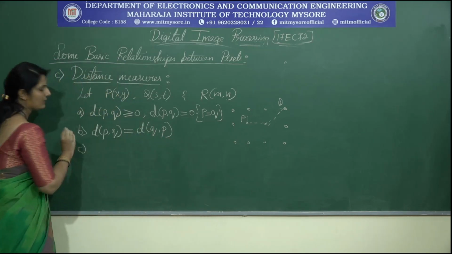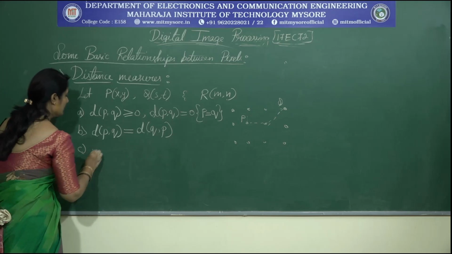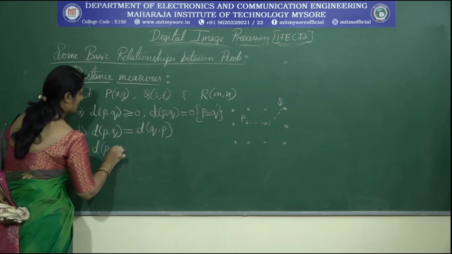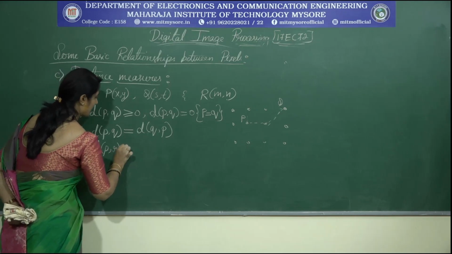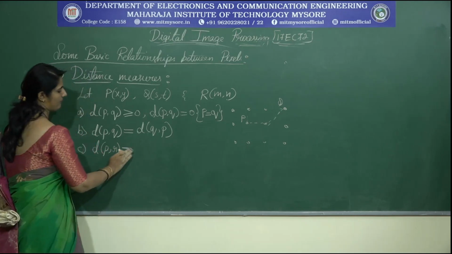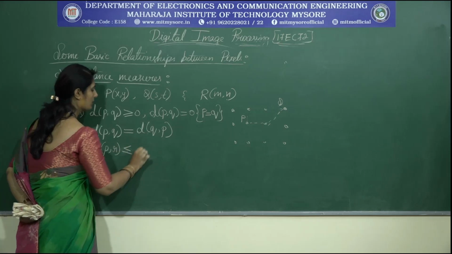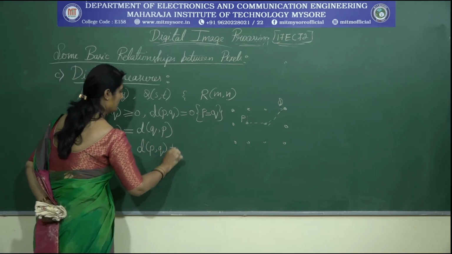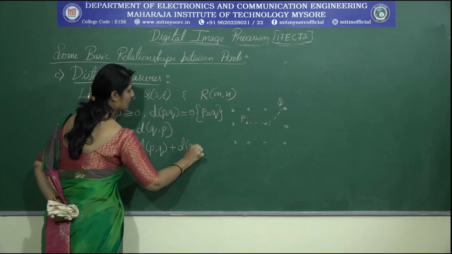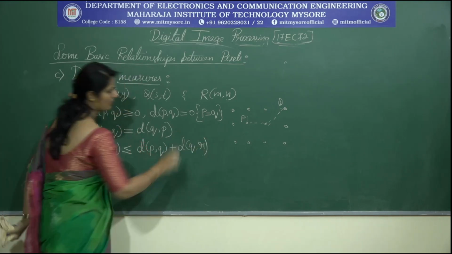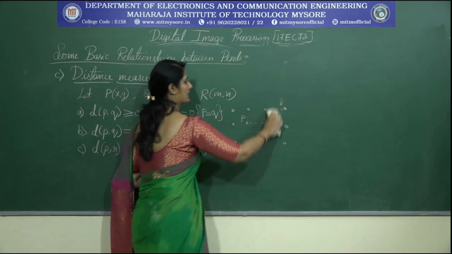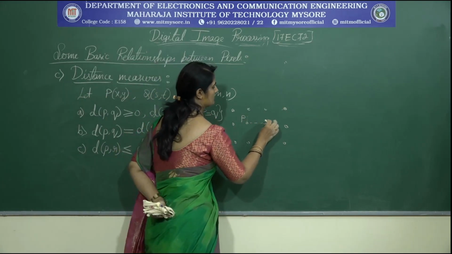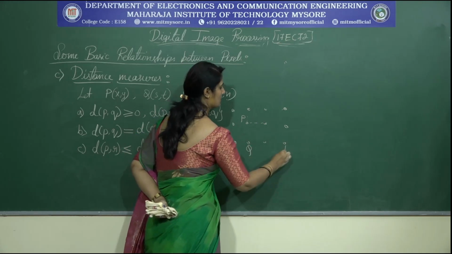The third function is that the distance between P and R is less than or equal to the distance between P and Q plus the distance between Q and R. If I consider this, this is Q, this is R.